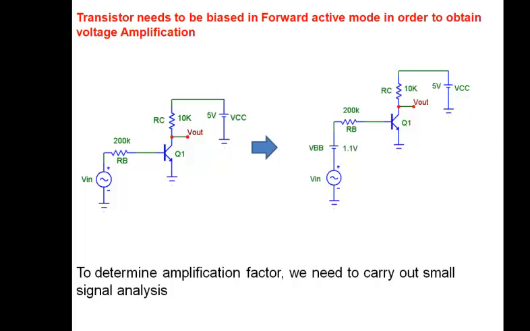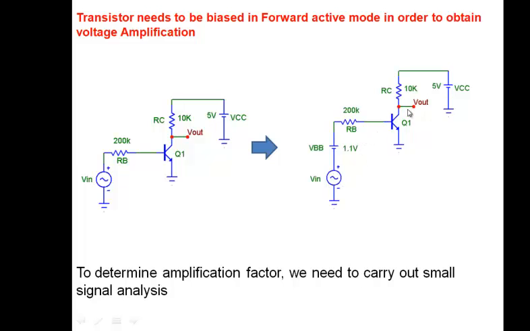Now, what am I doing? I'm adding an incremental voltage here. And this incremental voltage, what does it do? It causes incremental changes in currents and voltages everywhere, including an incremental change in base current and incremental change in collector voltage here. And that incremental change is in response to this increment here. That's nothing but the amplification that we are looking for. What is the change in this voltage in response to this voltage here? That's the amplification.